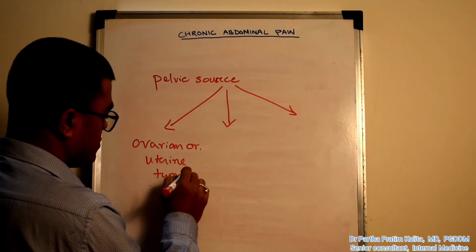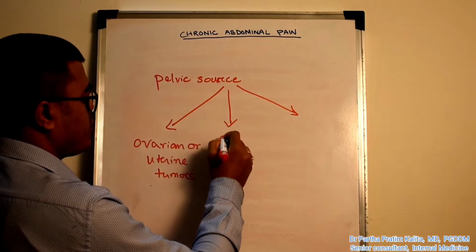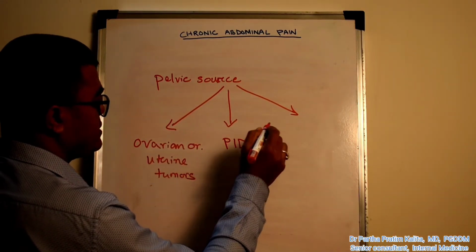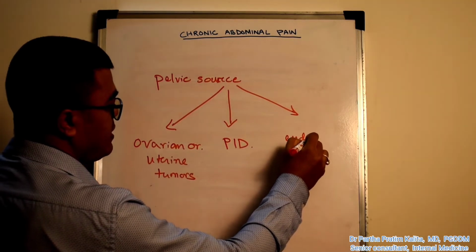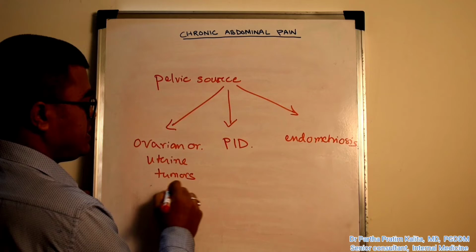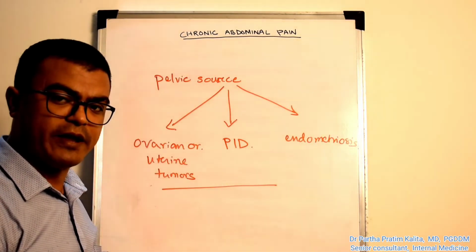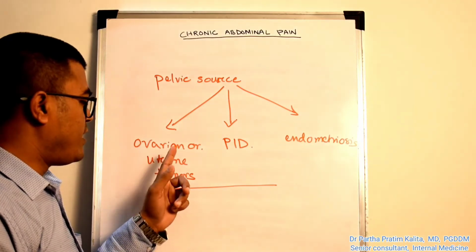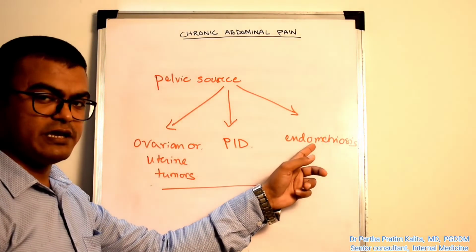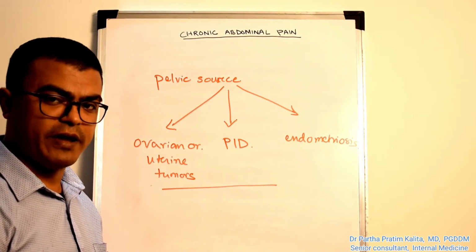Next, the common pelvic source is pelvic inflammatory disease, and another can be endometriosis. So these are the three pelvic sources of chronic abdominal pain. So ovarian and uterine tumors as well as pelvic inflammatory disease and endometriosis can lead to chronic abdominal pain.